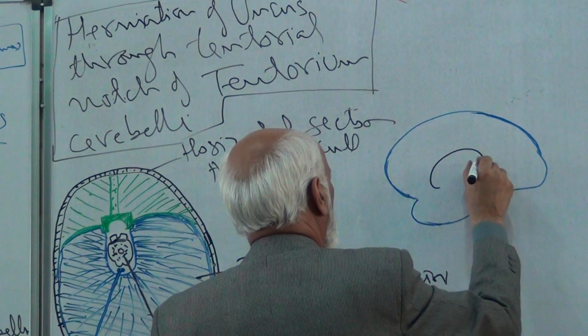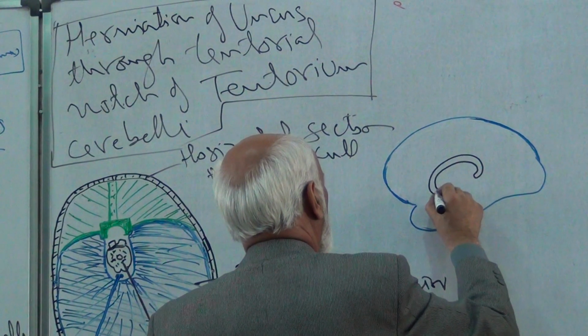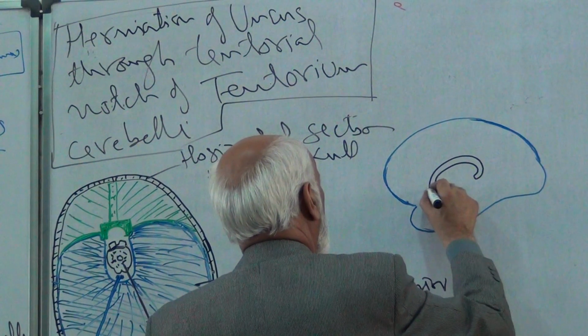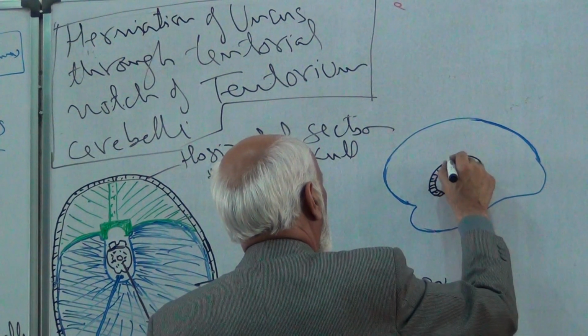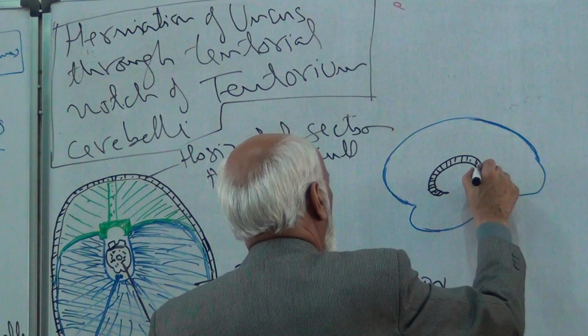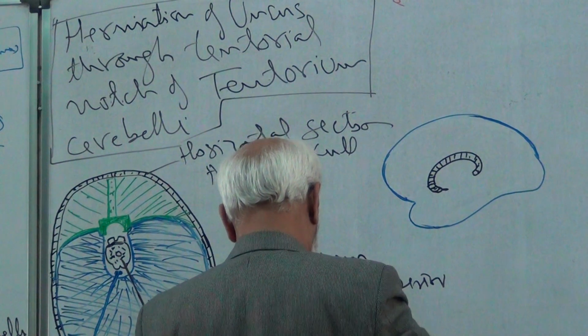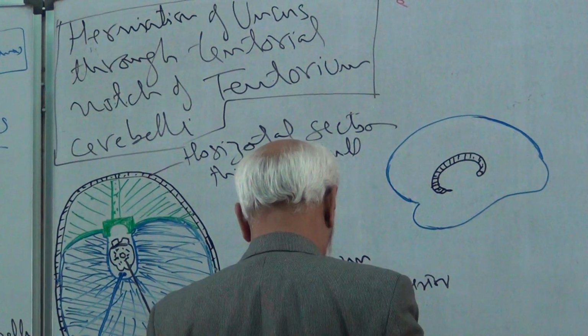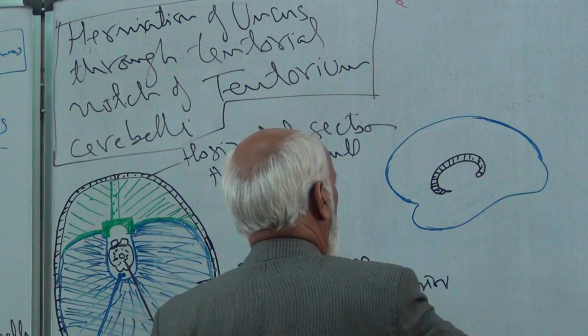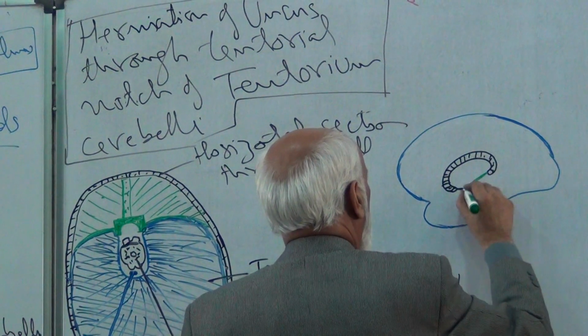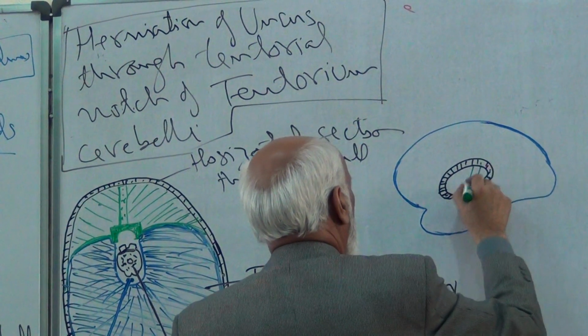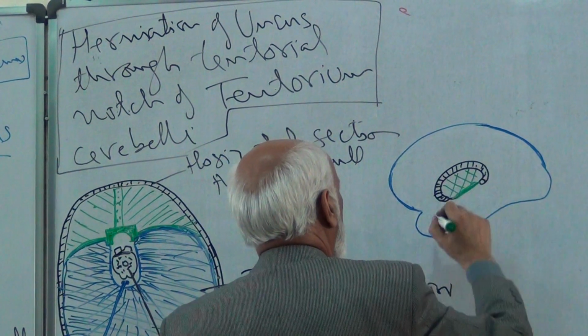This is the corpus callosum comprising the rostrum, genu, body and splenium. And here is the fornix, and you know the septum pellucidum.